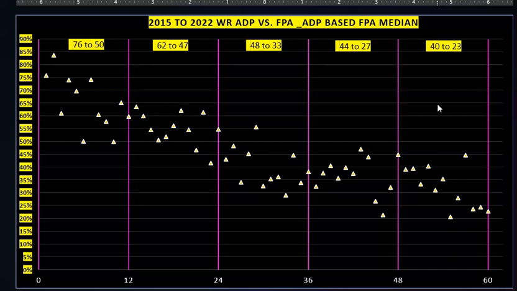So really, in some ways, that tells me that third, fourth, fifth are a lot more similar than the first and the second. In other words, there's a lot more uncertainty about the first and second wide receivers than the other ones.